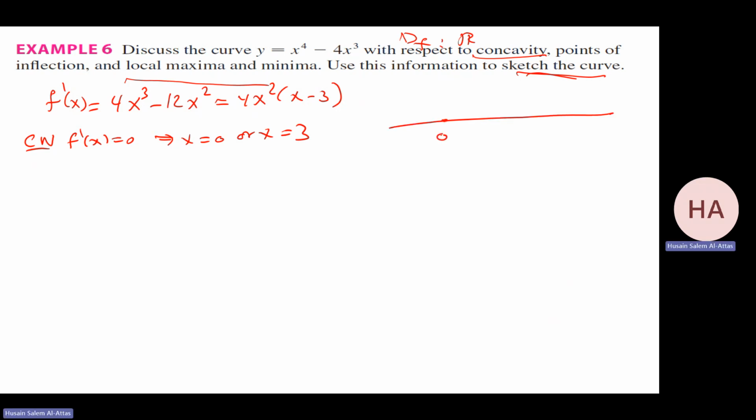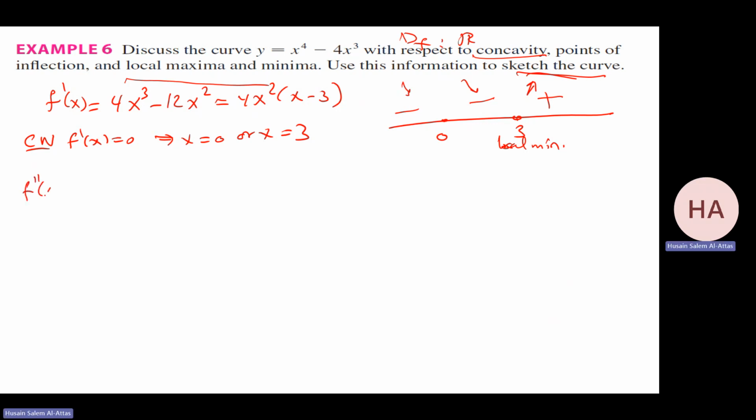Put it 0, 3. Take a value before 0, it will be negative, negative, positive. So it's decreasing, decreasing, and then increasing. I have only local minimum at 3.